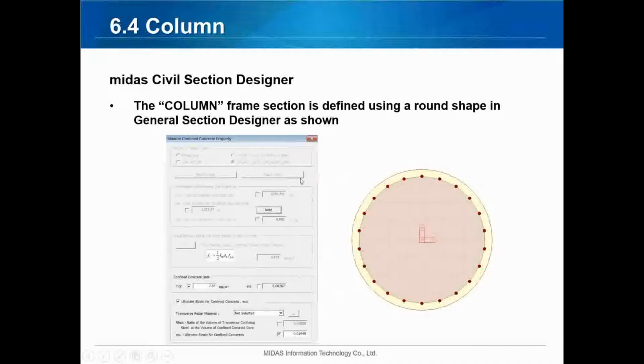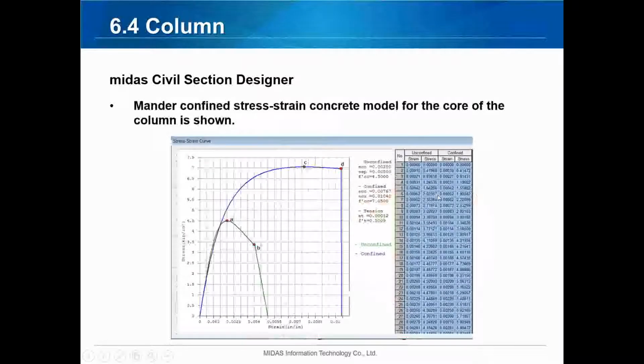And here you can see we put in Mander confined concrete properties, and we're able to model the reinforcing and the confinement as well. And based on that, we came up with our stress strain concrete model for the core of the column.